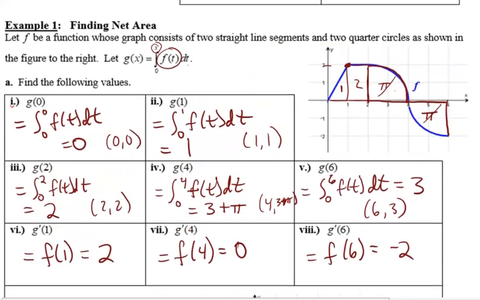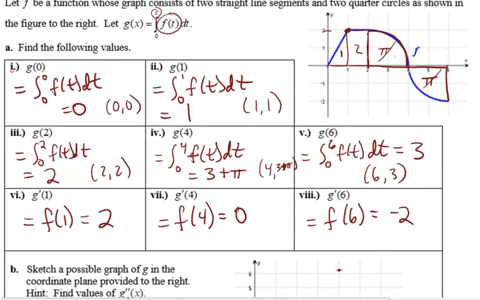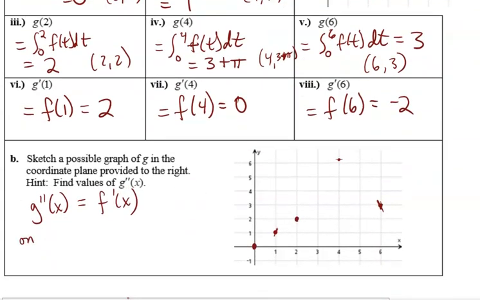Okay, and then so let's look at the derivative here. From 0 to 1, f has a slope of 2. So that means, so let's say on 0 to 1, f prime is equal to 2. Oh, my bad.